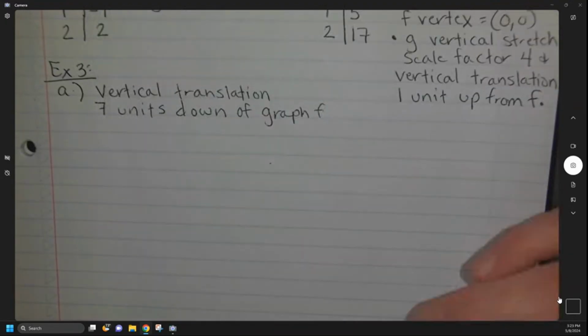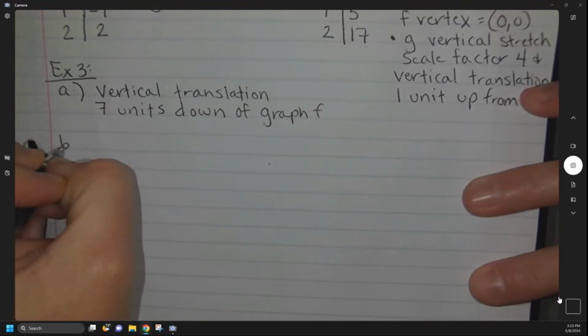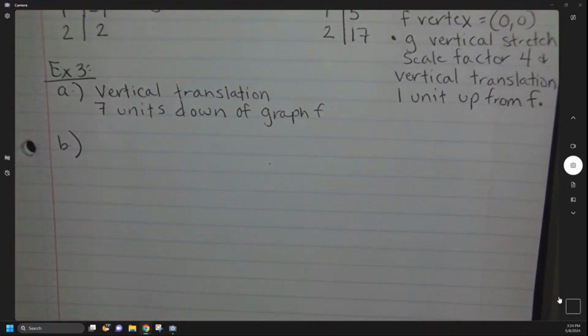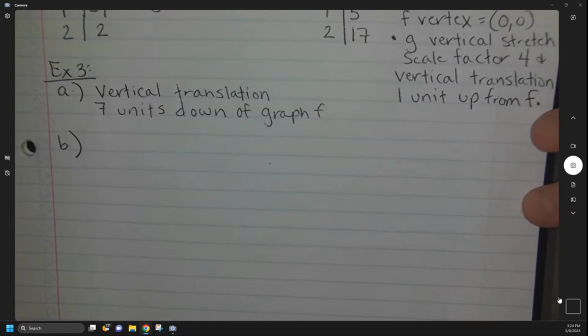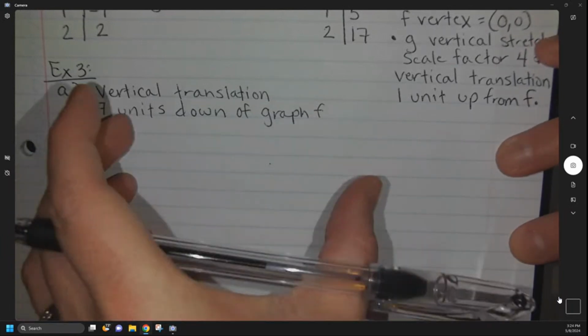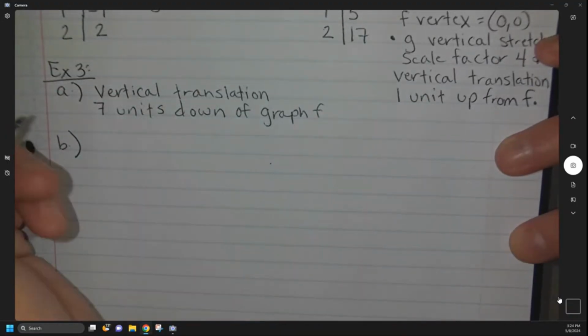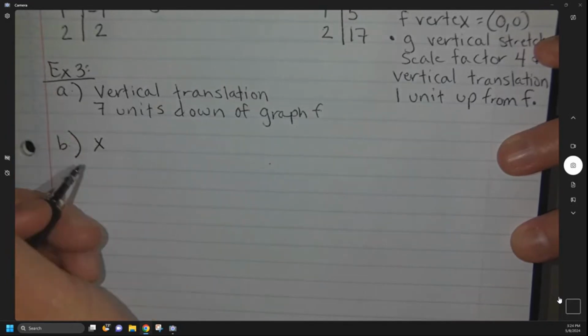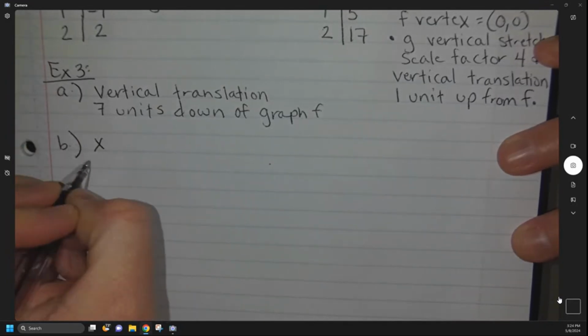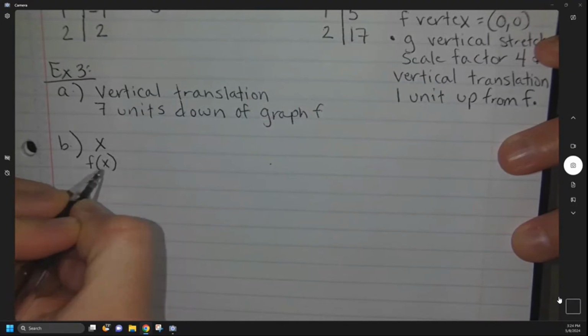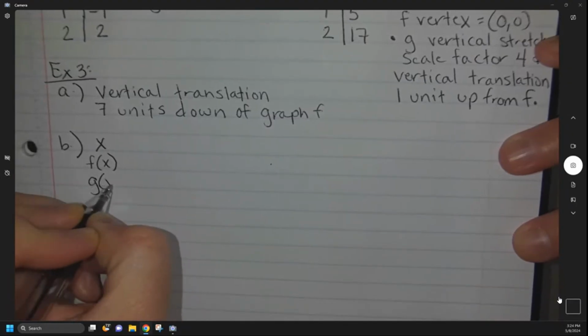All right, so let's do our table here. I'm going to do this table horizontally, which is a little bit different than we normally do, because then I'm going to be able to see a comparison easier. So I've got my x row first, then I'm going to do f of x, and then I'm going to do g of x.